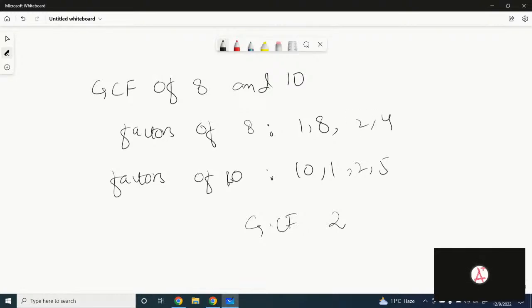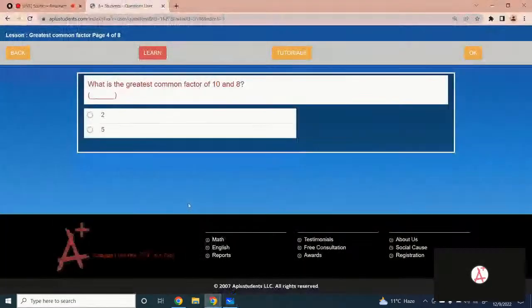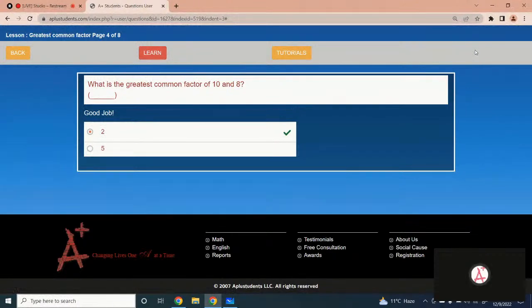Do we have other numbers that when multiplied make 8? No, so the greatest common number that can divide 8 and 10 is 2. Got it? So the correct option is 2. Just select the correct option and click on the OK button. Very good.